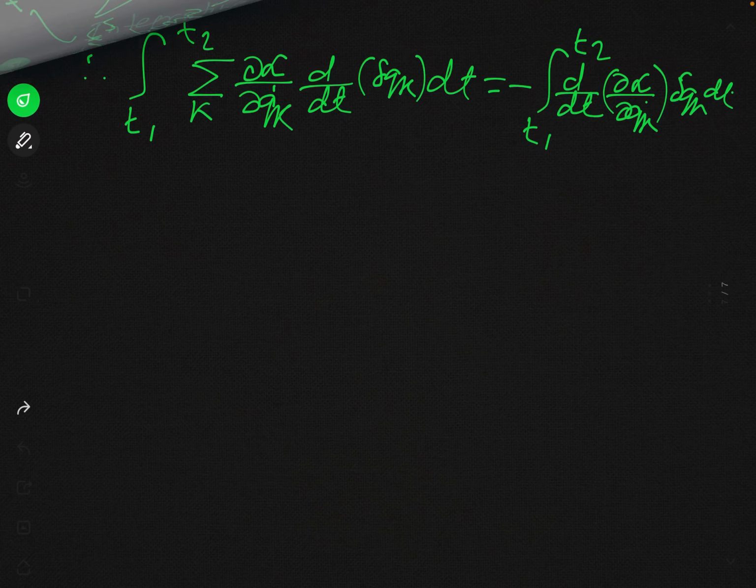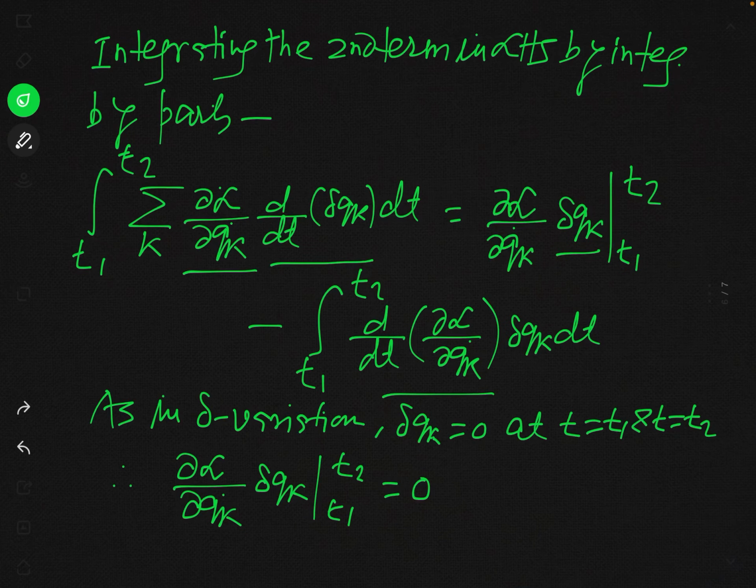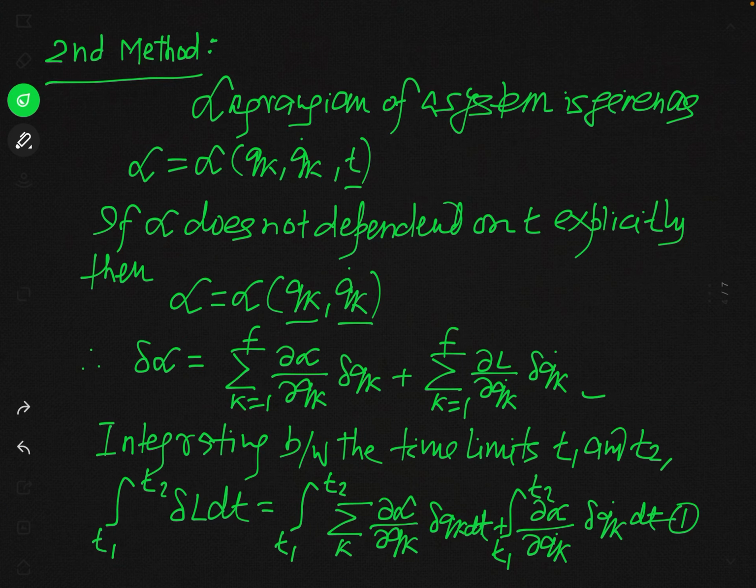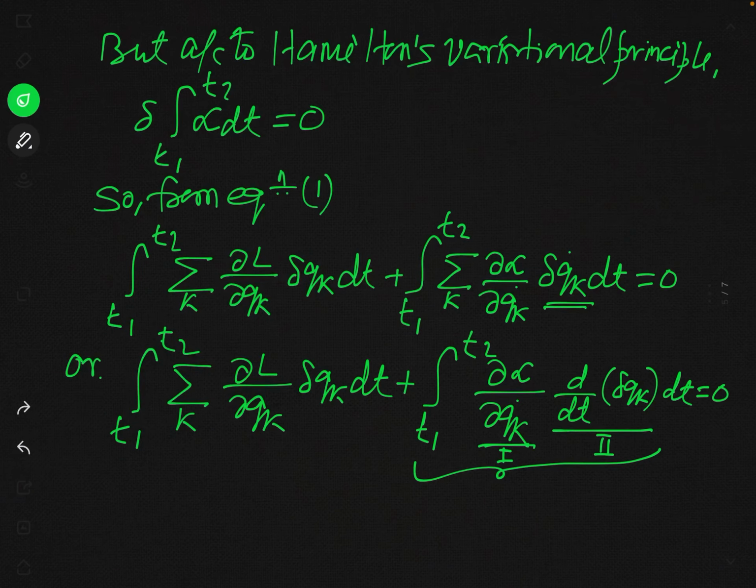Now we will use this value which we have obtained here in this equation. You can see I have not mentioned the equation number here. Let us say this is equation number 2. So we will use the result which we have obtained here in place of this second term.